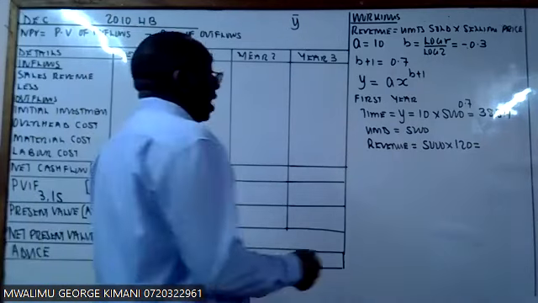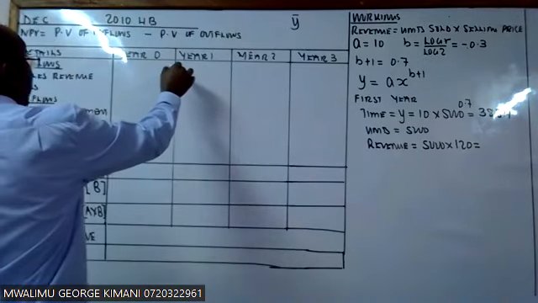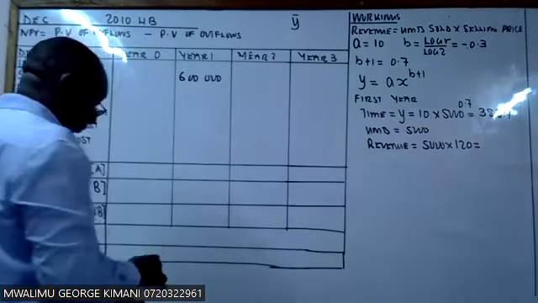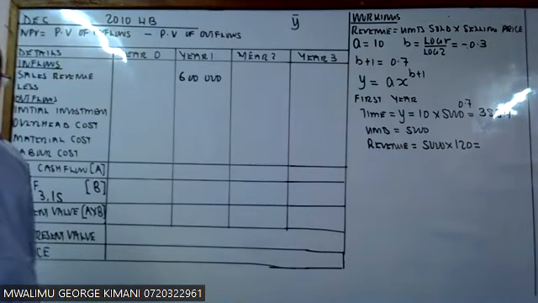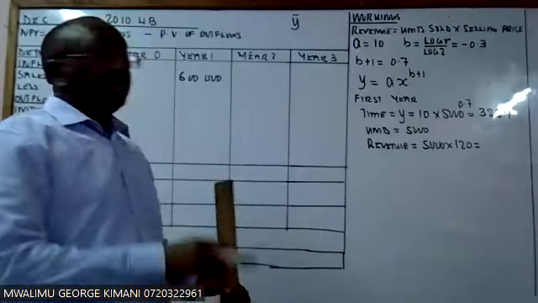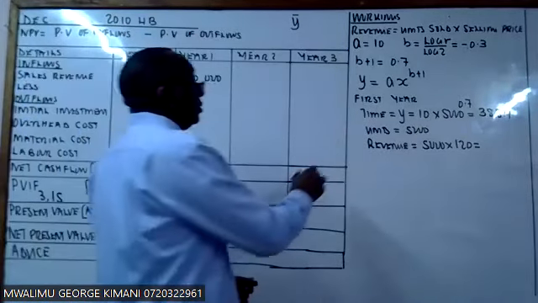That will be 600,000. So in your table in the first year, you put 600,000. Remember, year 0, we don't have revenue.